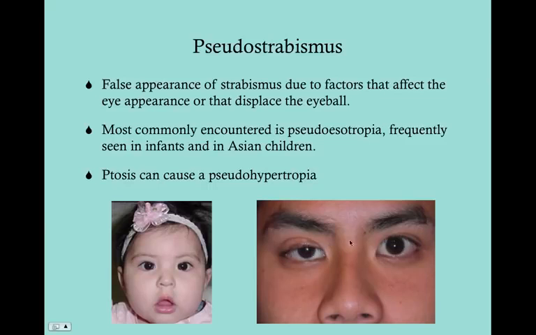It's just being covered more. So you can see how this may appear to be a hypertropia, but it's not. So ptosis can be a cause of pseudostrabismus too. The moral of this slide is to make sure that you're taking into consideration anatomic factors that can affect the appearance of the eye or displace the eyeball.